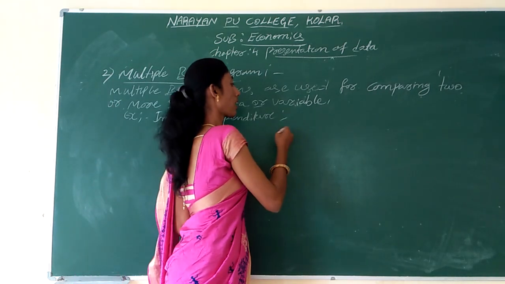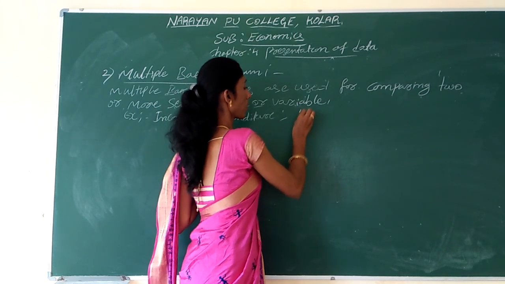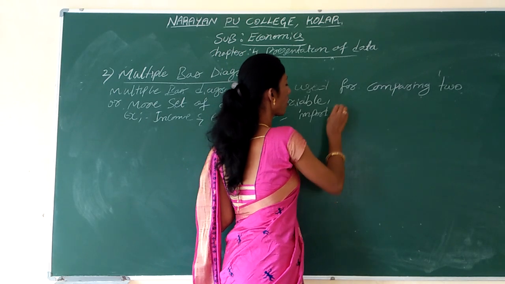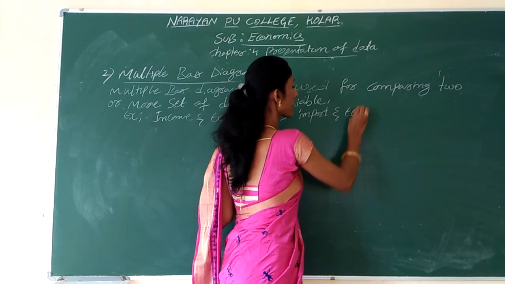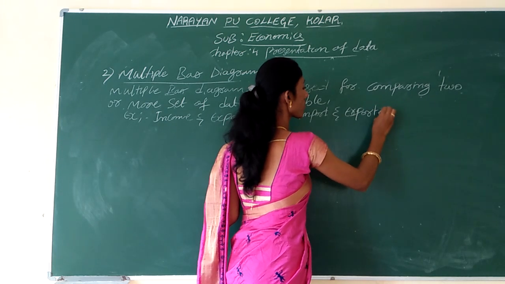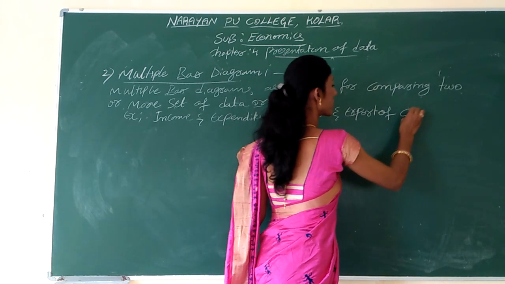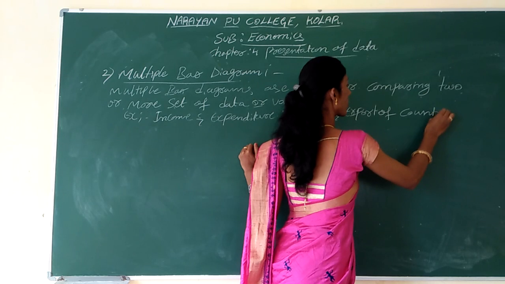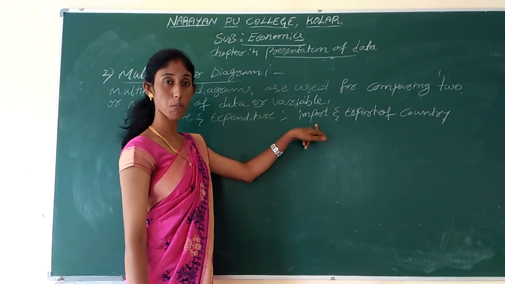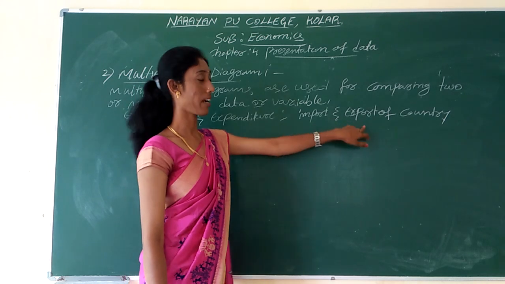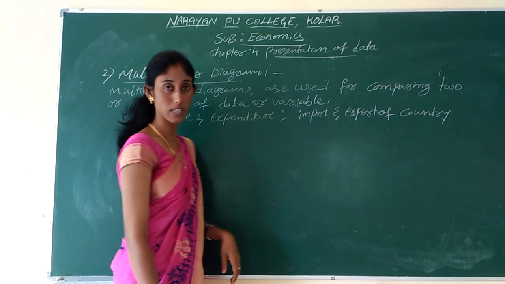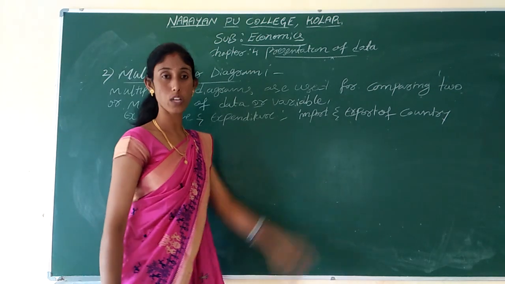Or take one more example, import and export of a country. Here we have two variables. Import is one kind of variable and export is another. At a time we are measuring or comparing the two variables.